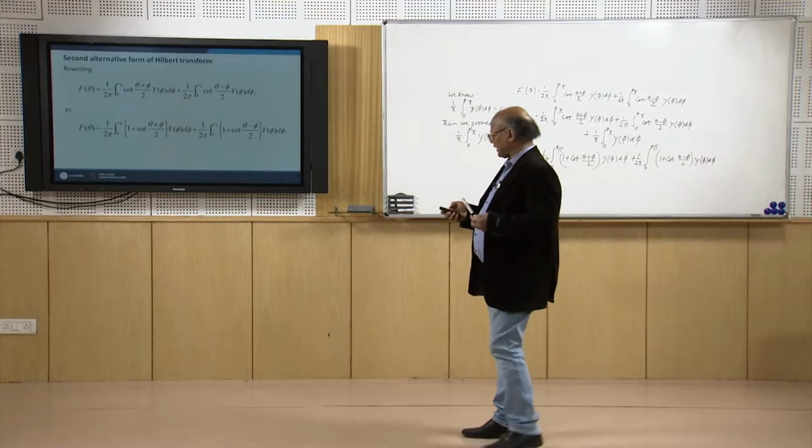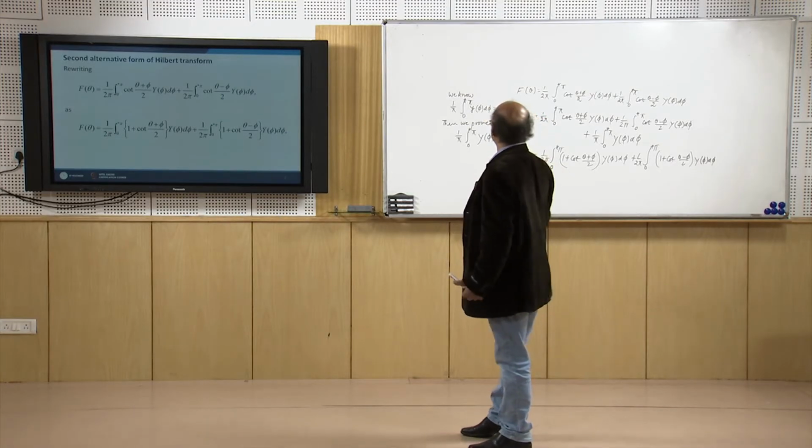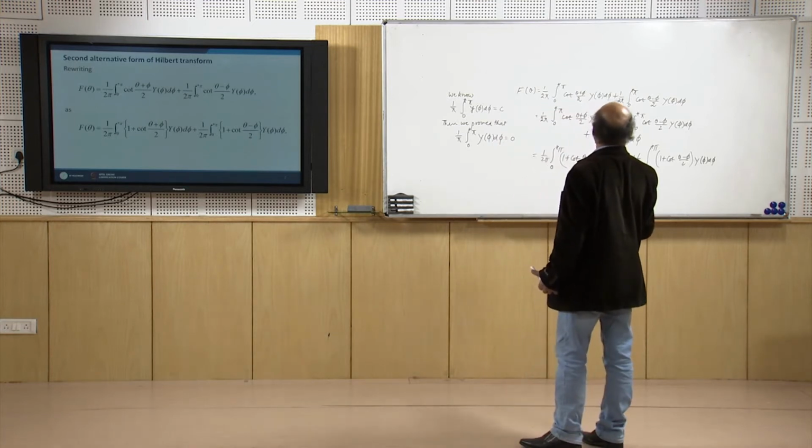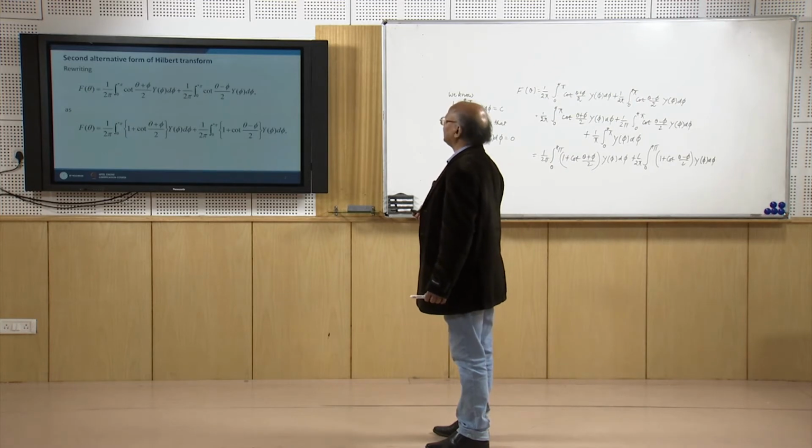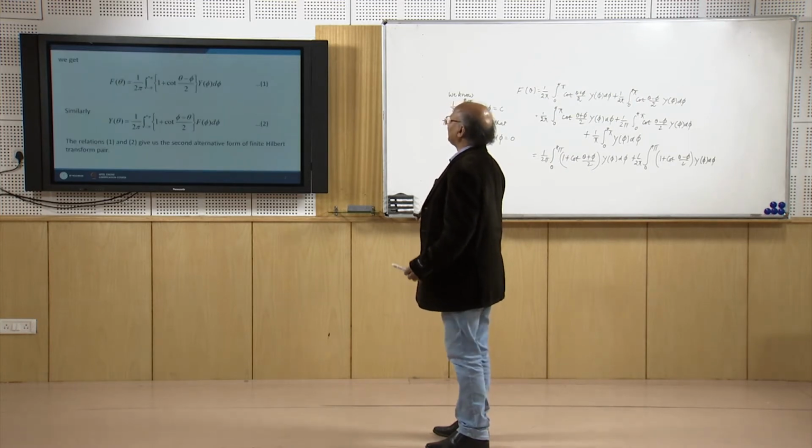So, this is how we arrive here, by distributing half of this with this integral and half of this with this integral.